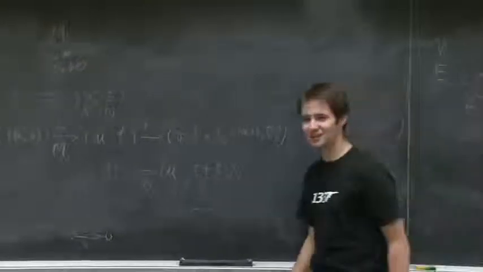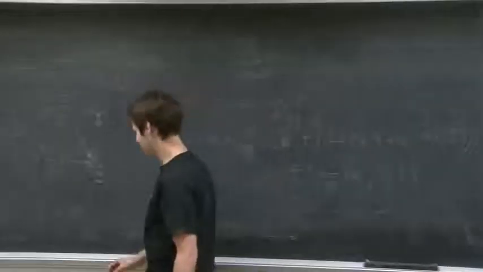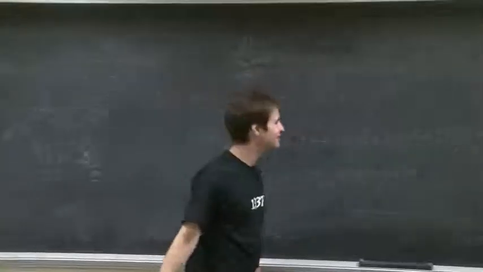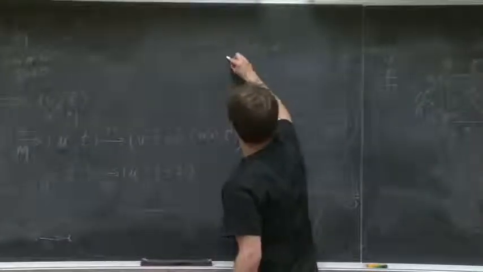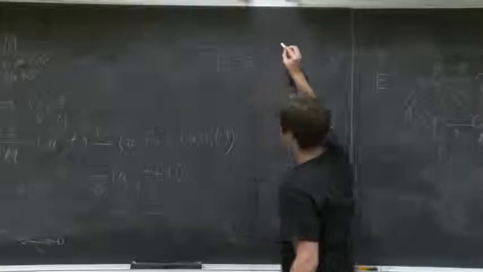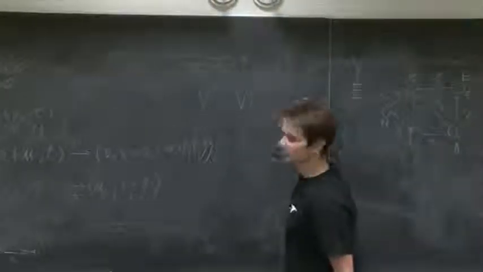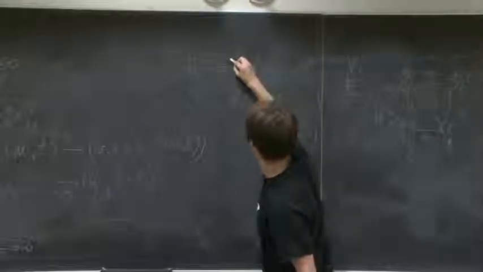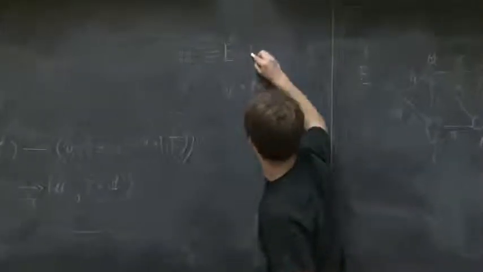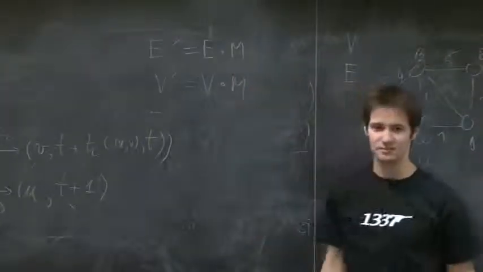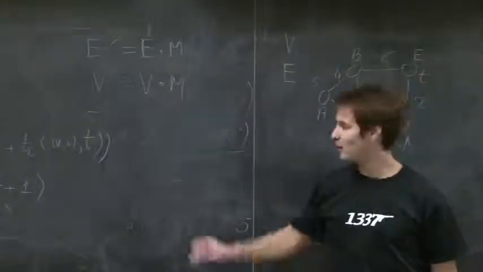Do we want to analyze the running time for this really quickly? Sure. So how many edges? E times M. Let's do vertices because vertices is quick. V times M. Okay, so edges is E times M, plus there's a pause.